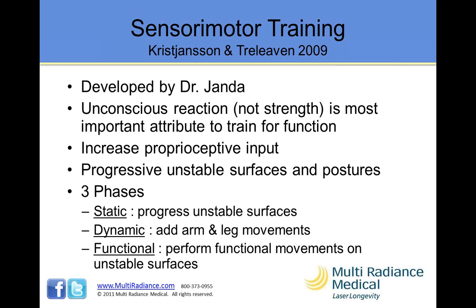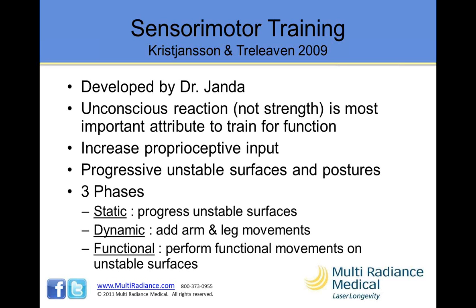So he developed the sensory motor training, and basically what we do with sensory motor as a progression is progressively increase the proprioceptive input into the central nervous system using progressively unstable surfaces and a variety of different postures. We break sensory motor training down into three basic phases: a static phase, a dynamic phase, and a functional phase.